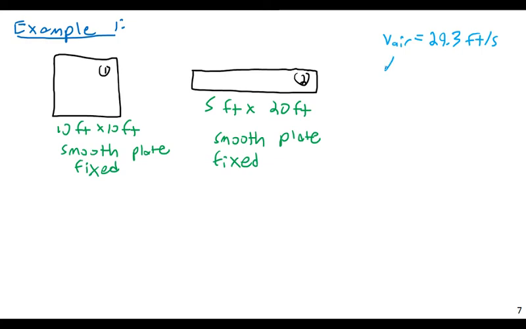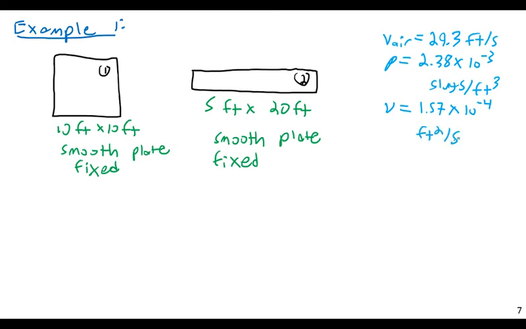The density is 2.38 times 10 to the negative 3 slugs per cubic foot, and the kinematic viscosity, nu, is 1.57 times 10 to the negative 4 square feet per second. And I want us to find the drag force for each of these.